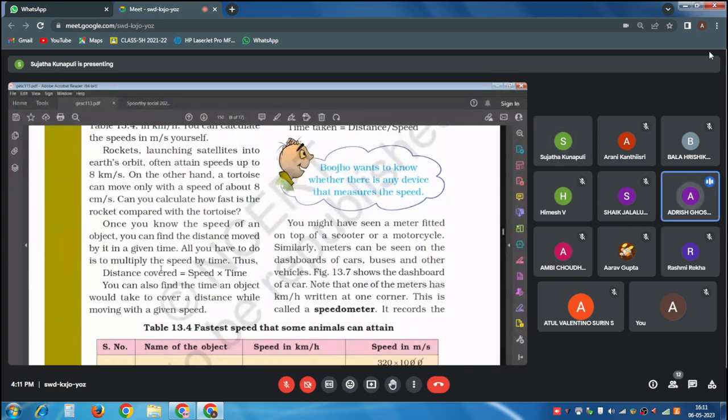Ma'am, then how will it help us to calculate the difference in the speed? For the difference in the speed we are not using this formula. This is just for the distance covered, or the speed of an object.